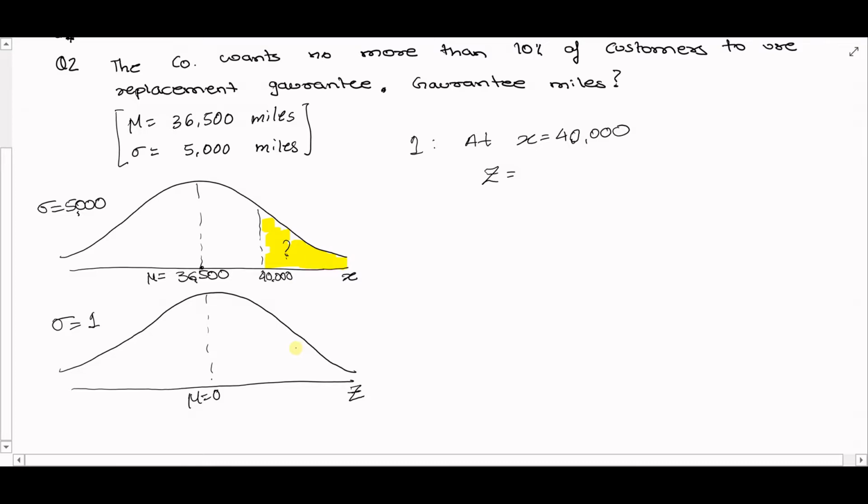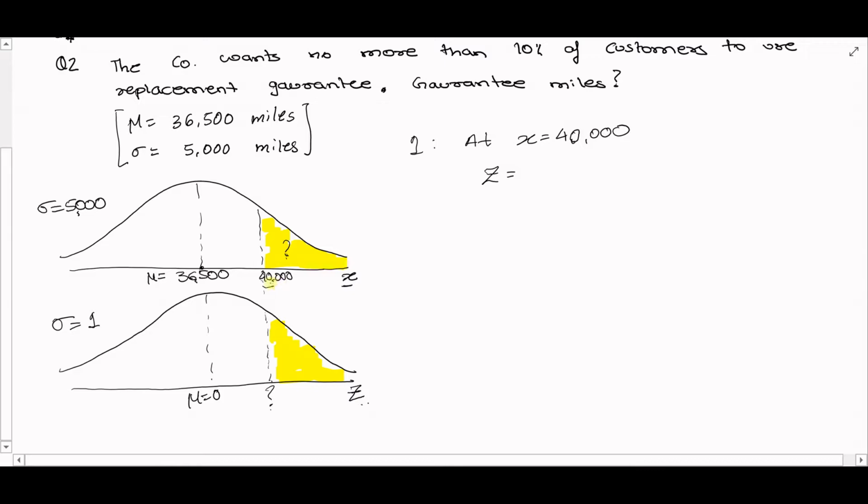So you convert this x into the standard normal, and then you can use the standard normal table to figure out the probability. So finding the area to the right of 40,000 is the same thing as asking how much is the area to the right of this particular point on the z scale.